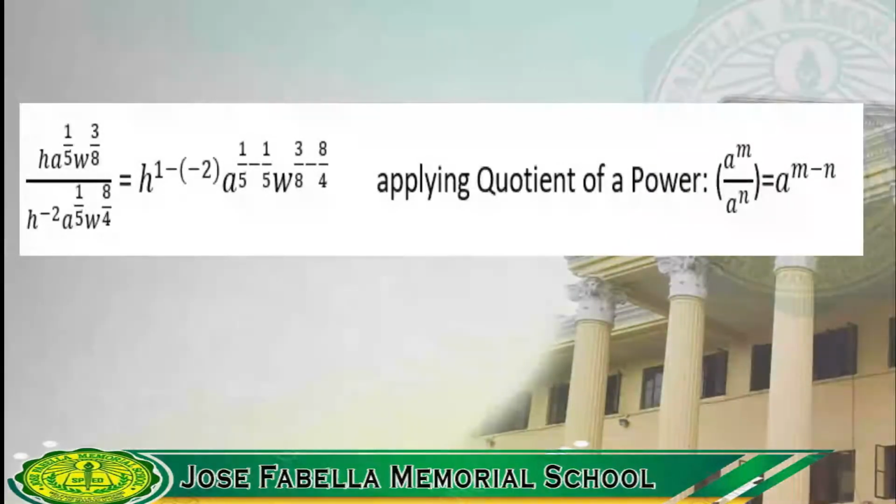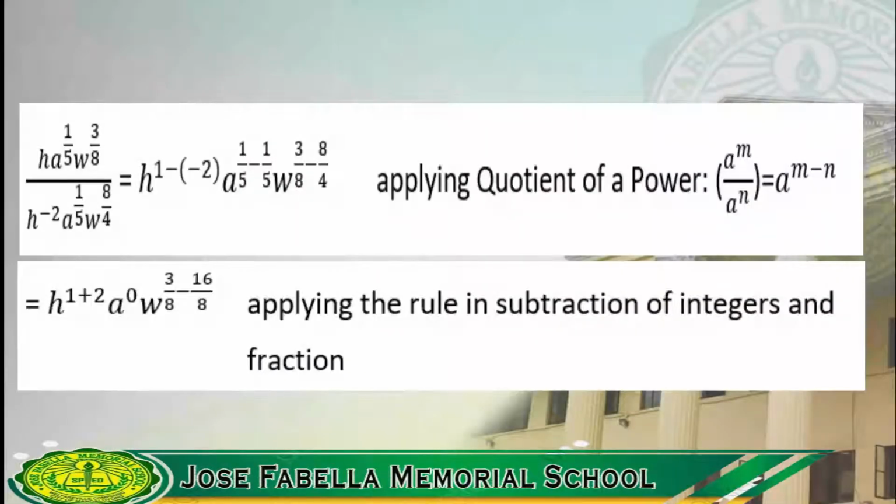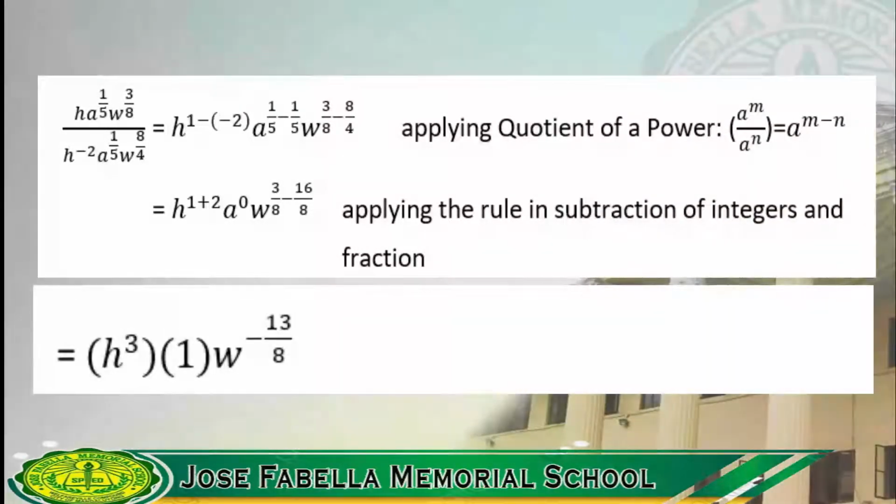Applying the rule in subtraction of integers and fraction, we have h raised to 1 plus 2, a raised to 0, w raised to 3 over 8 minus 16 over 8 equals h raised to 3, 1.